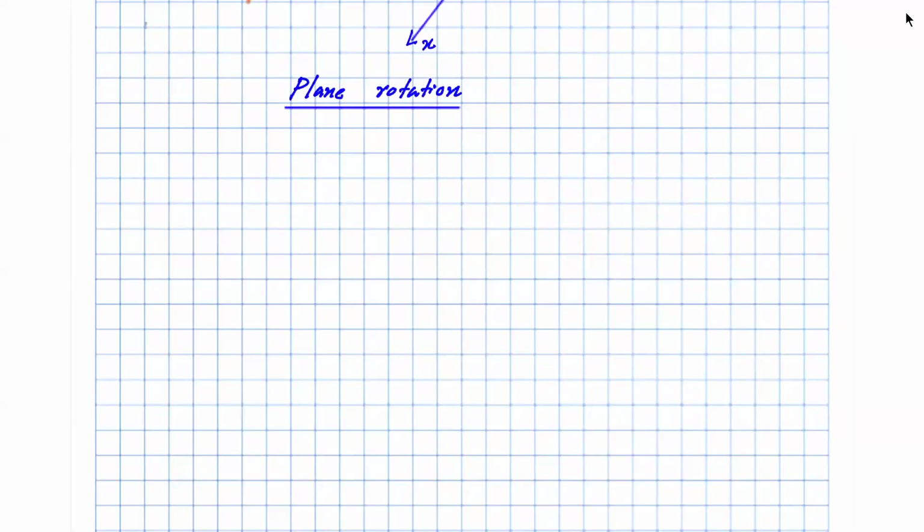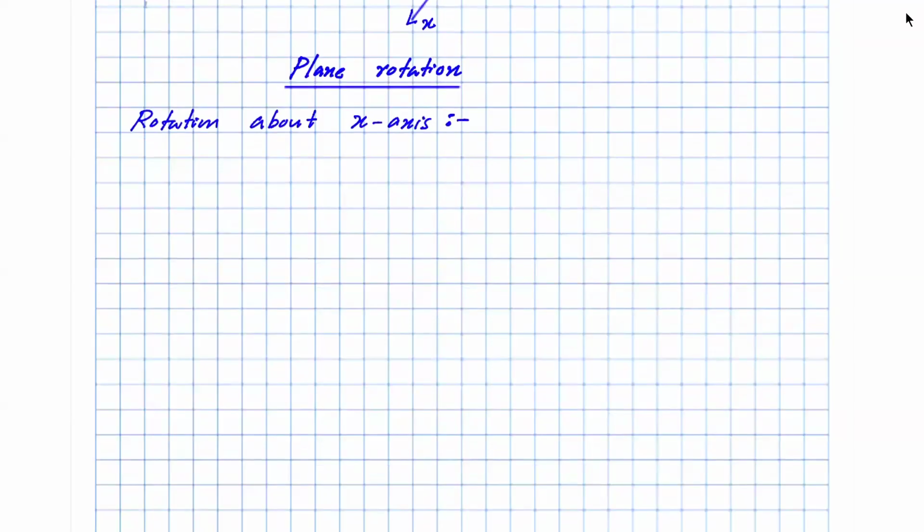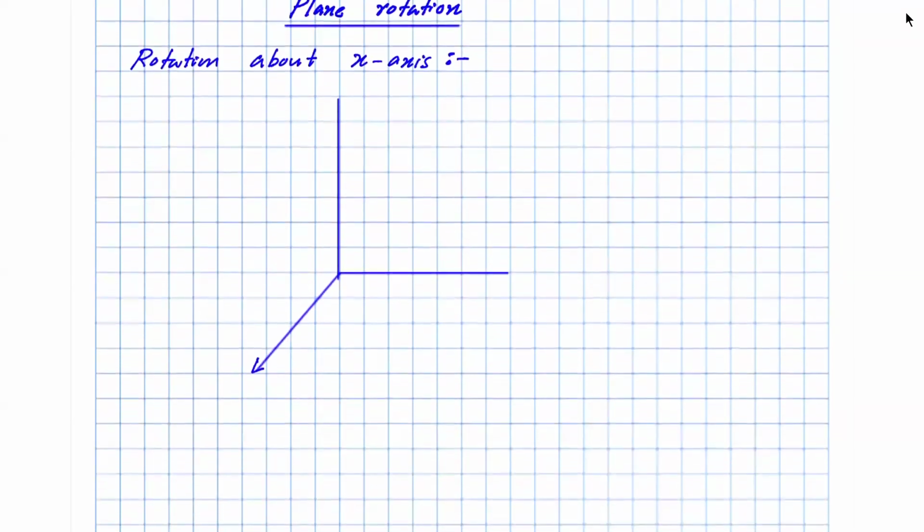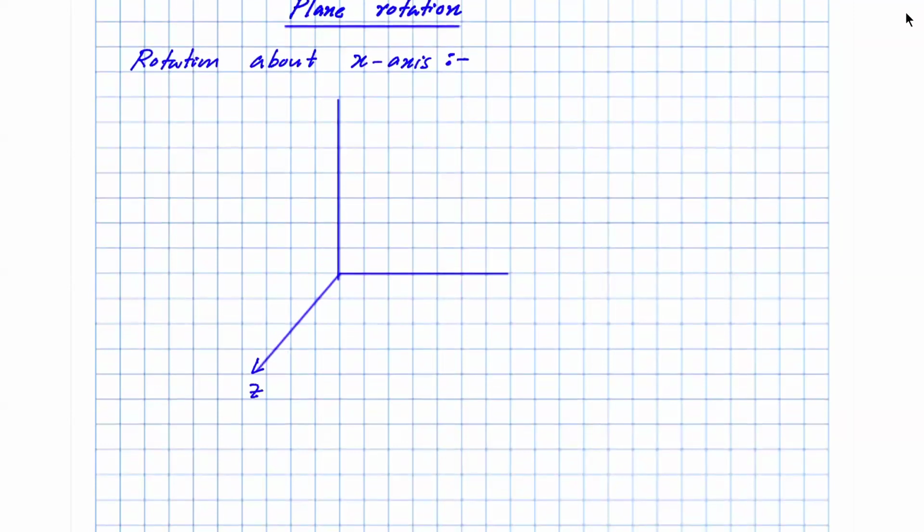For now, I take the rotation about x-axis. So I need to create the Cartesian system for it. So the Cartesian system would be z is here, I'm going to put my x here and y is here.